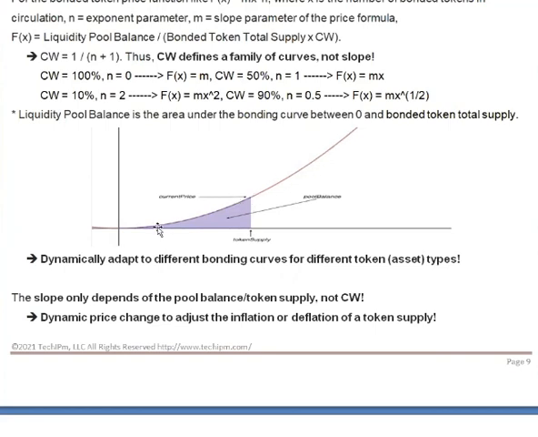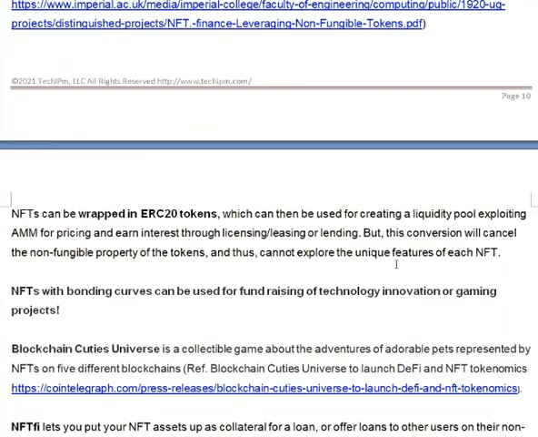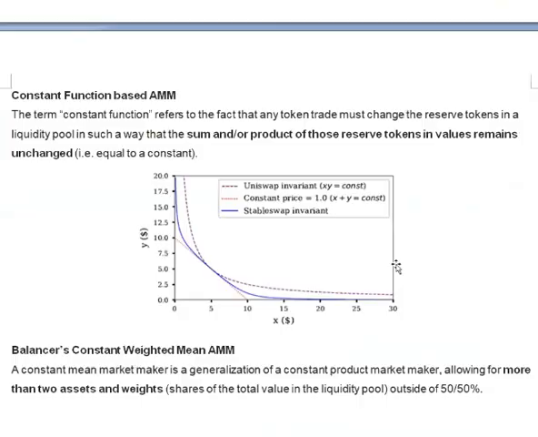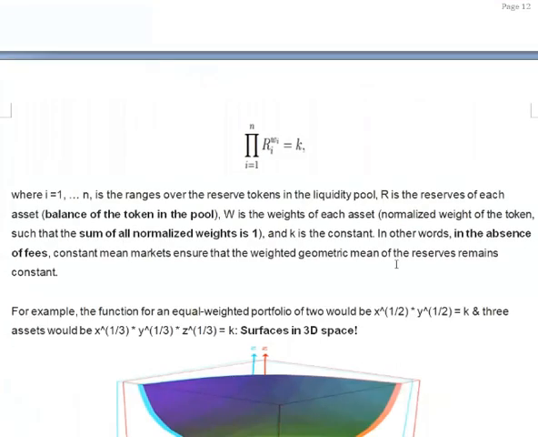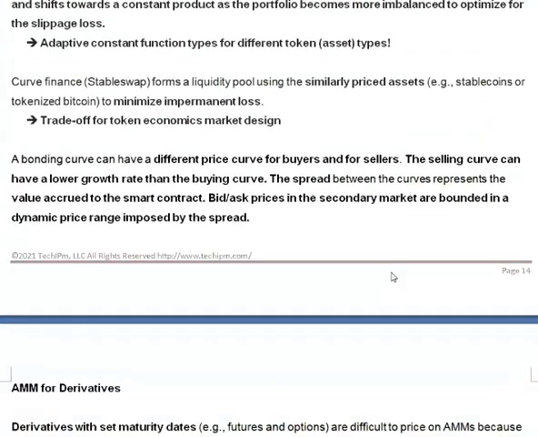They move along the one curve, but in design you can make two bonding curves, for the buying side and the sell side, so a different price curve for buyers and for sellers.